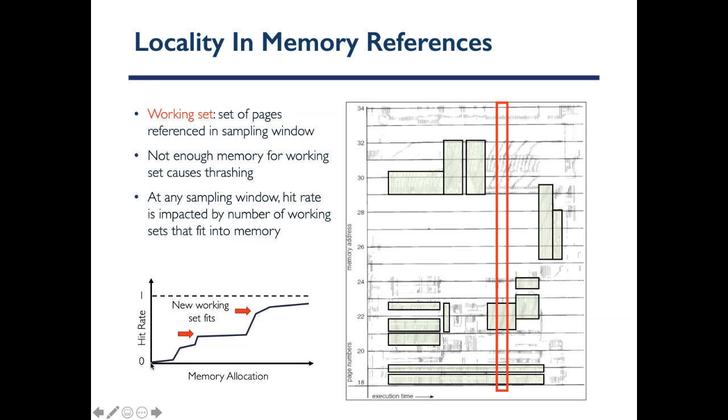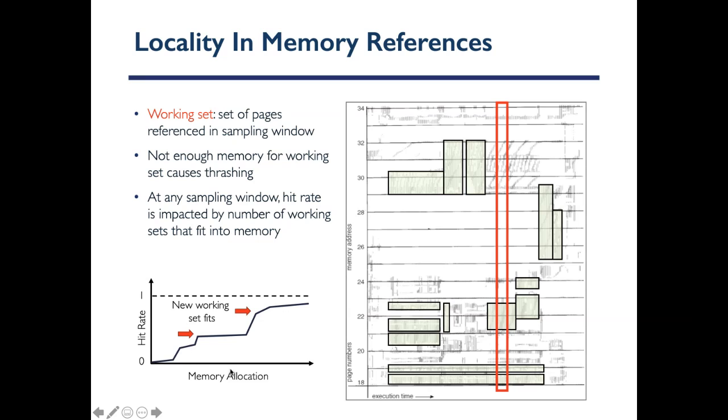What happens here is that you get bumps in your hit rate when you fit one of these areas that I have marked here. Once the memory capacity is enough to hold this area, once I have all of this area, I get a bump in my hit rate. It increases as a step function, because now I don't need to do paging for that area. I have enough capacity to hold it.